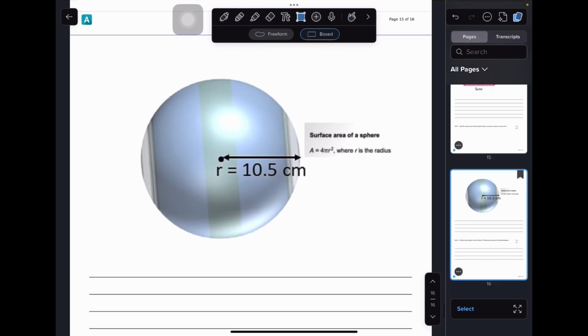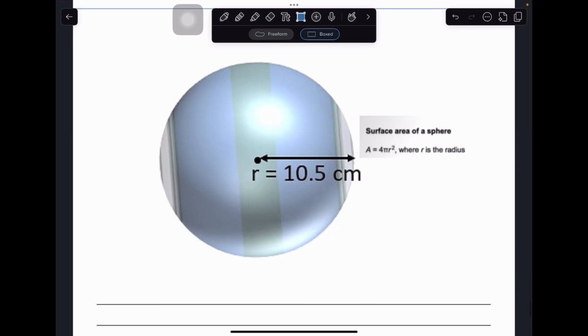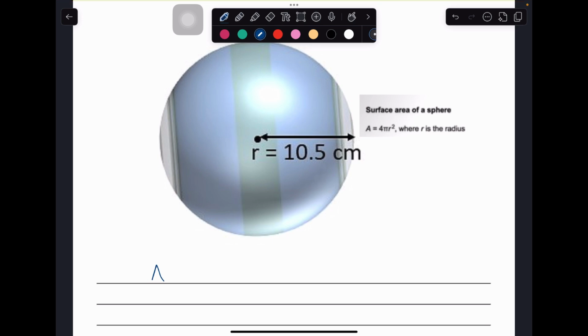For this question, we're told that the radius is 10.5. So to calculate the surface area, I need to do A is equal to 4 pi times 10.5 squared. 10.5 squared is 110.25, multiplied by 4, which is going to be 441 pi.